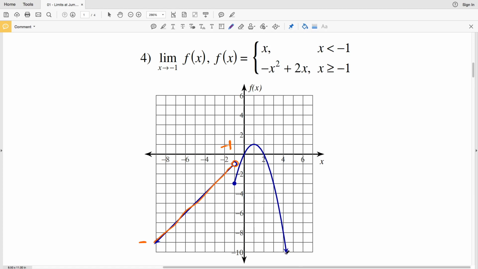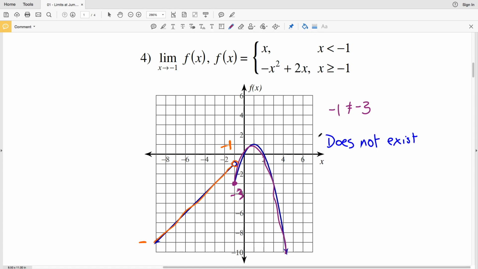And as we're approaching negative 1 in the x from the right, we're approaching negative 3 for f of x. So because negative 1 does not equal negative 3, the limit does not exist.